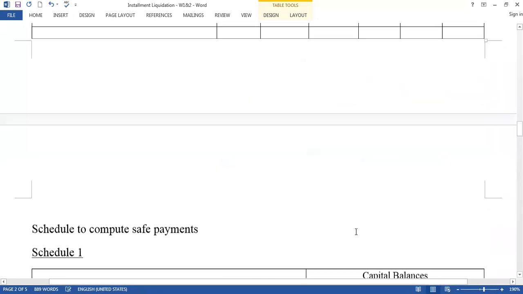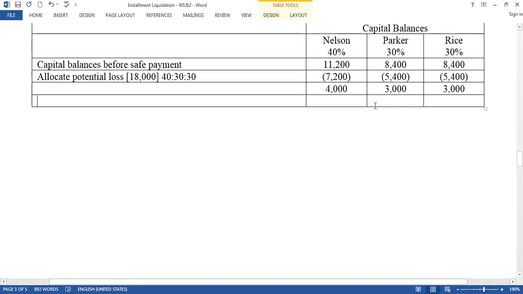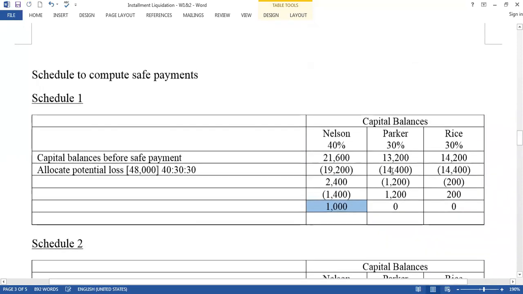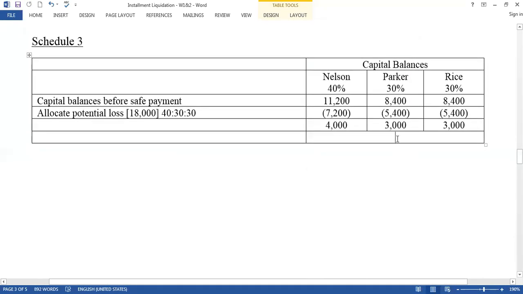Now we find that after absorbing the loss, what is their balance? The balance is 4,000, then 3,000 and 3,000. And if we add all these three together, what is the amount? The amount is also $10,000.